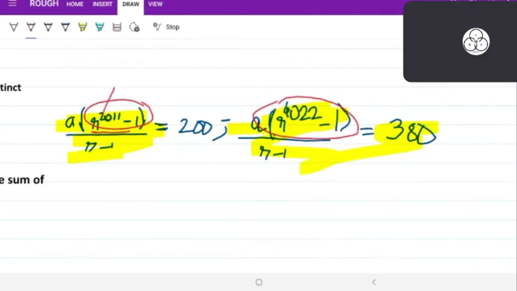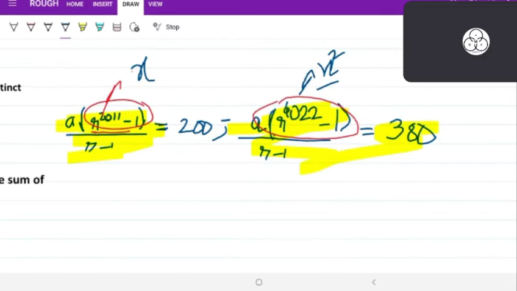A is already there, so take R to the power 2011 as x, this will be x square, and you can simply solve it out.